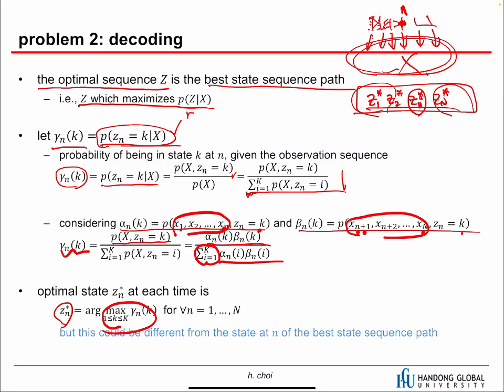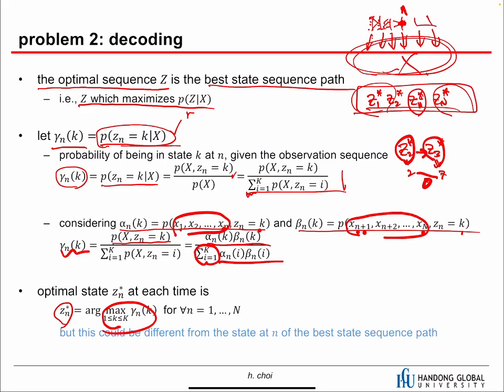For example, if z sub 2 star and z sub 3 star, this one is at the state 2 and this one is at the state 7, okay? But if the transition probability between 2 and 7 is 0, then we cannot move from here to here.